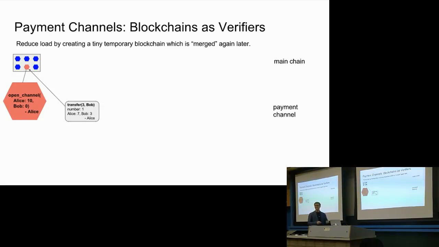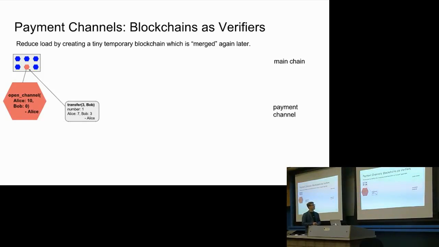I'm sorry about that. What Alice also does, she denotes the state of the payment channel that is assumed after the transfer as part of the transaction. So Alice's initial balance was 10, and she sent 3 tokens to Bob, so now she has 7 and Bob has 3.